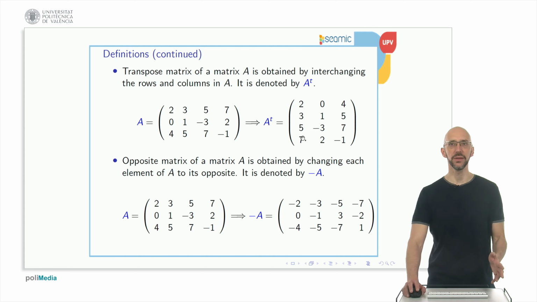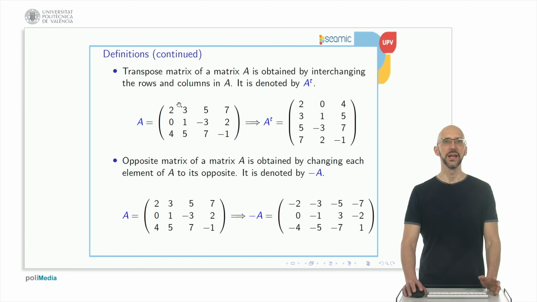And how do we build this transpose matrix? Take, for example, the first row, 2, 3, 5, 7, and write it as 2, 3, 5, 7 in a column. The first row becomes the first column. The second row, 0, 1, negative 3, 2, becomes the second column. The third row becomes the third column.